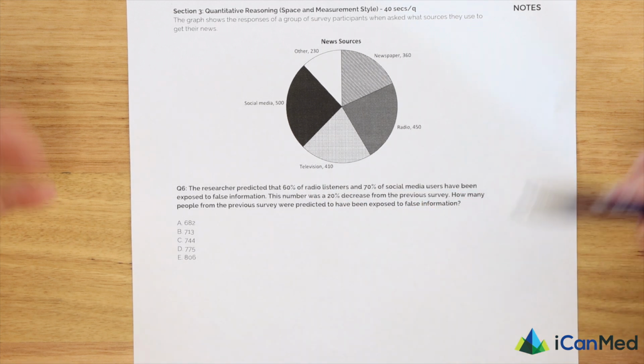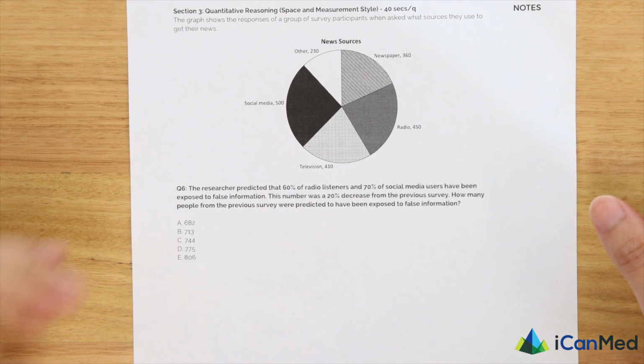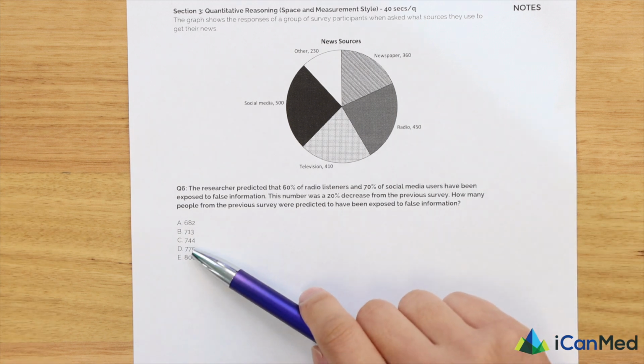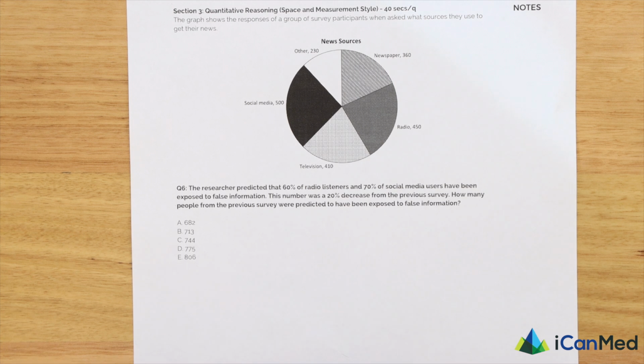But UCAT has recognized that this section is probably the most familiar out of all the sections in the UCAT with what you have experienced in the past. It's just the year 8, year 9 mathematics problem solving. So that's why they've tried to make it a bit harder to guess the correct answer by adding some extra answer options so that it's harder to just guess the correct answer.